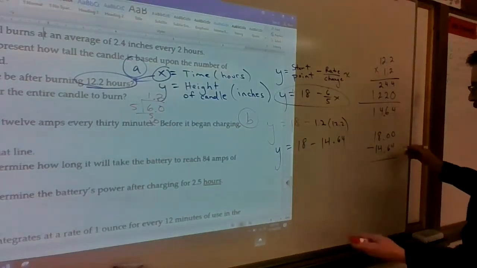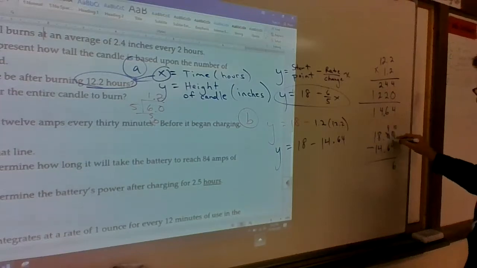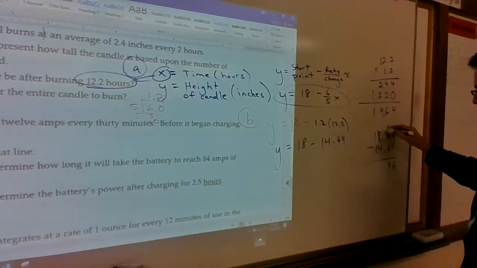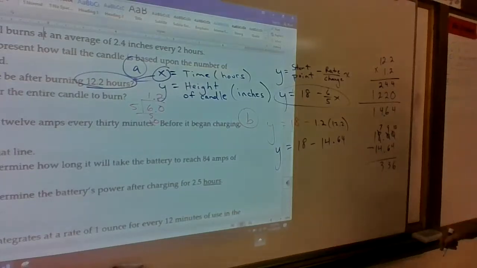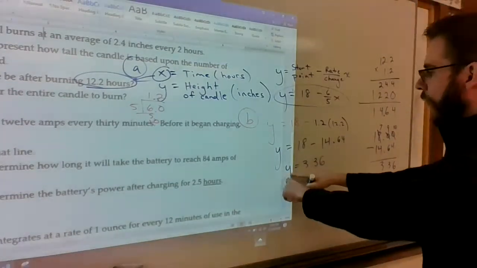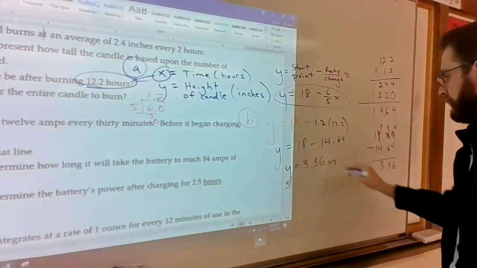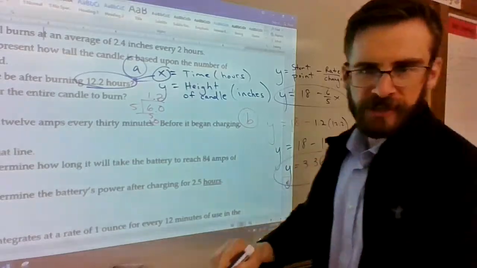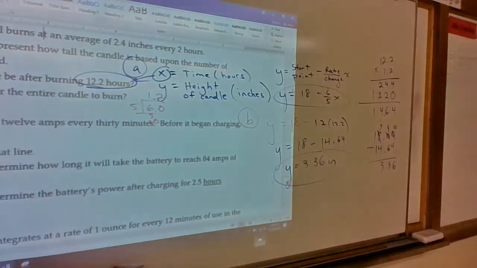So 0 minus 4 can't do that, so it's 10 minus 4, which means you borrowed from here, and we had to borrow from here. It's going to be 3.36. Y is an inch unit, so it's 3.36 inches. That's the height of the candle after 12.2 hours.